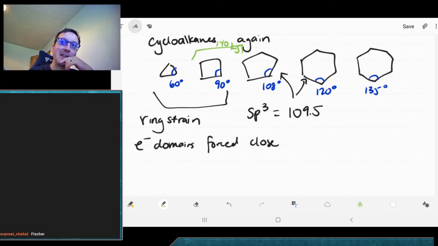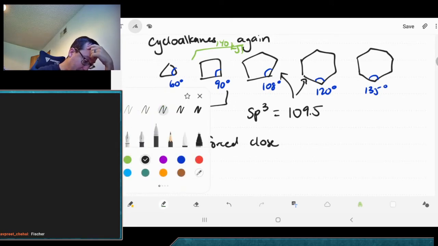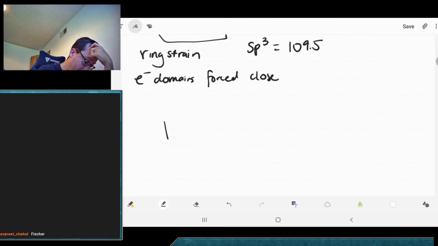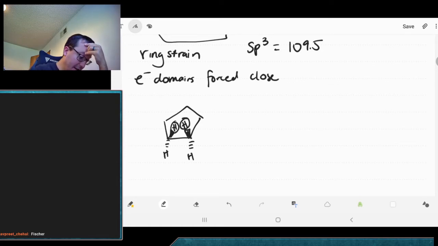And while we might be tempted to say, well, let's look at a cyclopentane, 108, that's pretty close to 109. Yes? Unfortunately, if we take a look at these things closer up, we do actually have a little bit of bonking happening here.